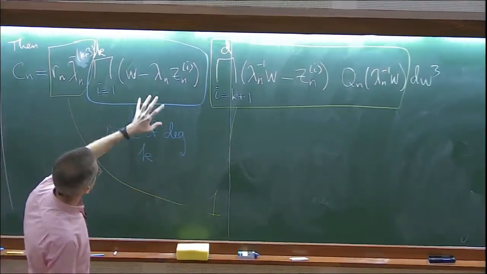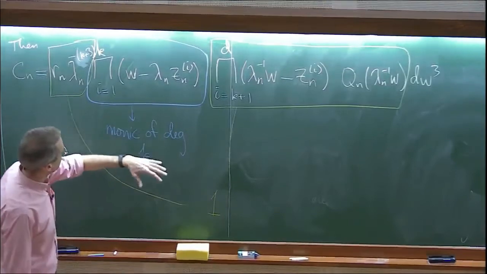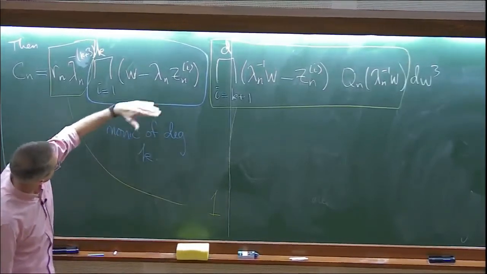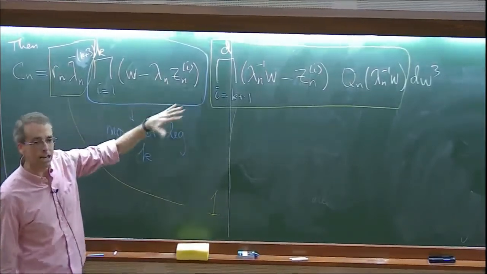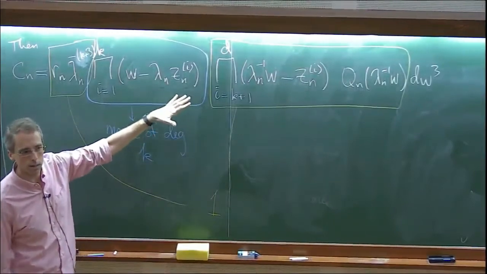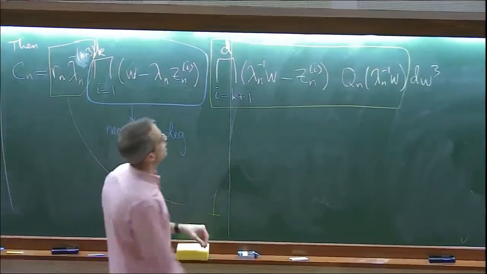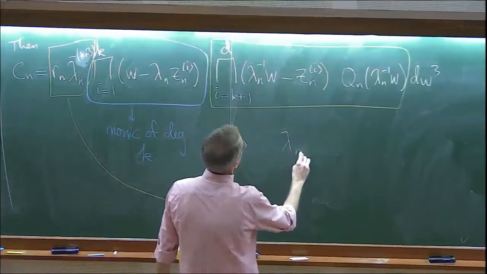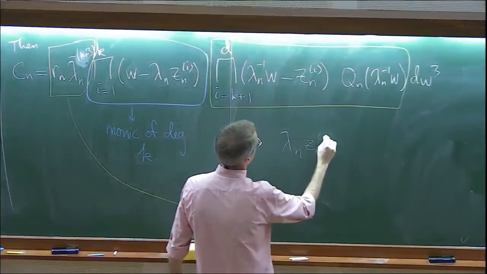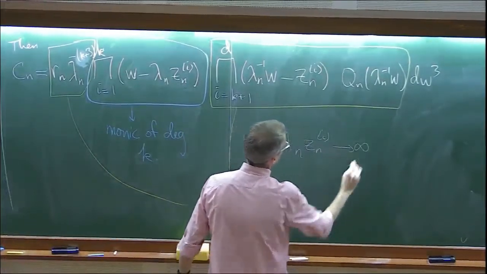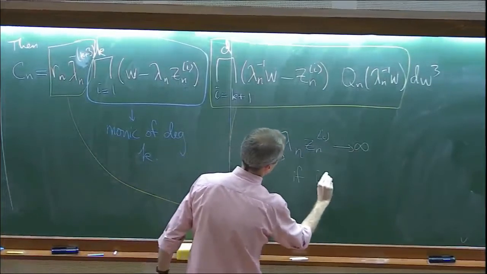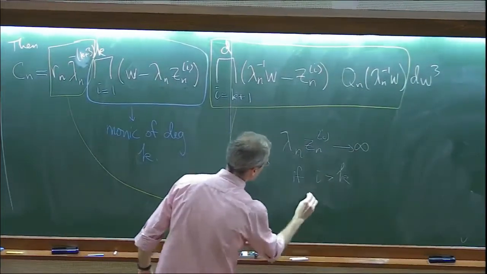The idea of selecting near and far zeros should be that the near ones are the ones where lambda n Zni converges to some point in the complex plane after passing to a subsequence, but lambda n times Zni goes to infinity if i is greater than k. So these are the far zeros.